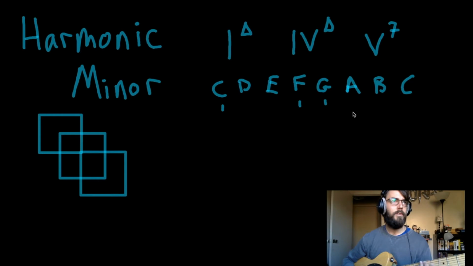Alright, so let's just hear how that sounds if we play it in a 1-4-5 and then back to 1. So we're just taking the regular triads and adding one more note to it, and it gives it a little bit more character. So importantly, we have this chord here, the 5 chord, which is the dominant 7 chord.